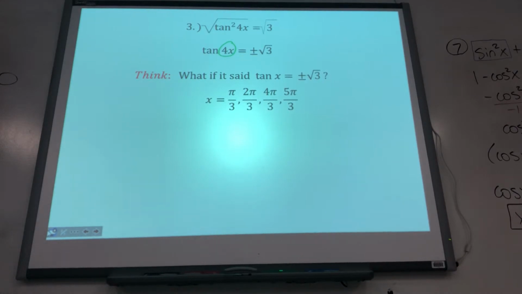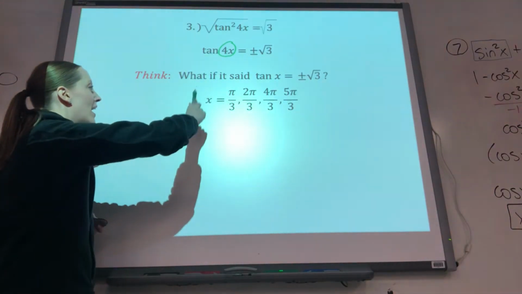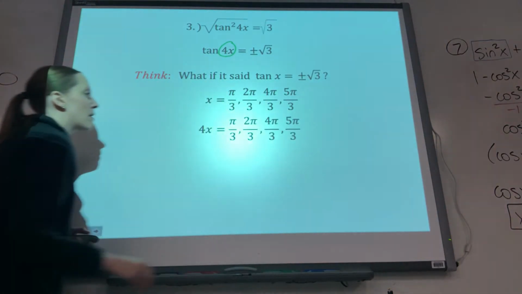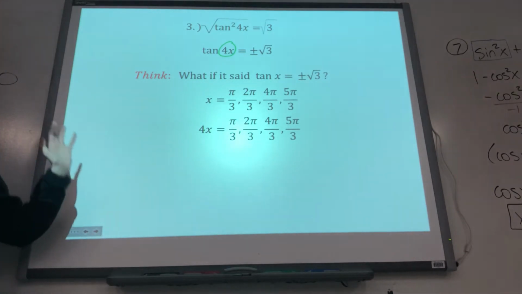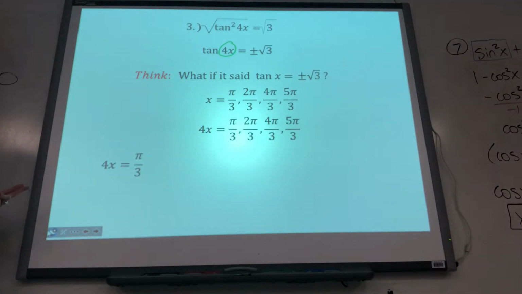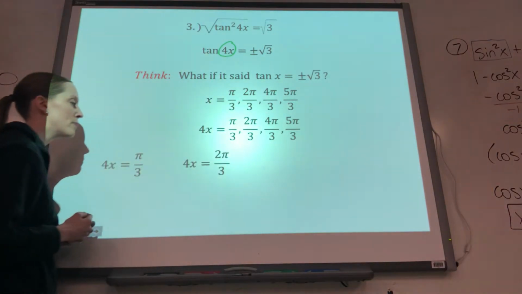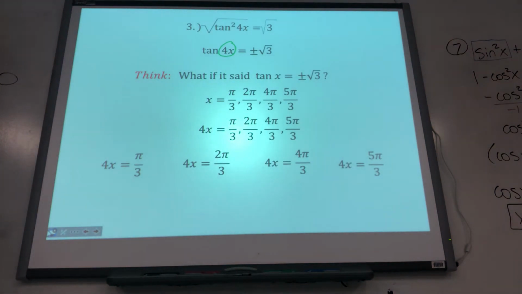There are 4 options up there, but again, we don't want x to be those numbers. We want 4x to be those numbers. And so you've maybe already done the separating, but 4x is equal to pi over 3. It's also equal to 2 pi over 3, and 4 pi over 3, and 5 pi over 3.